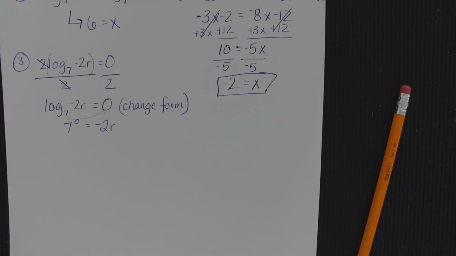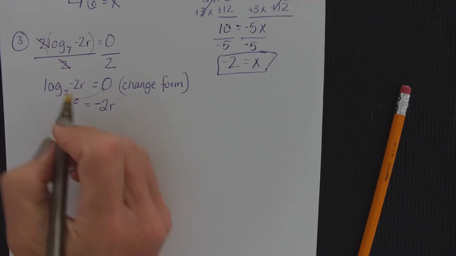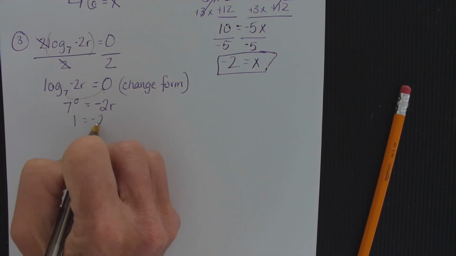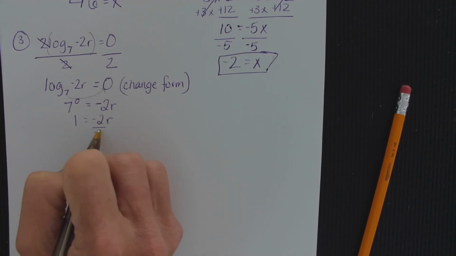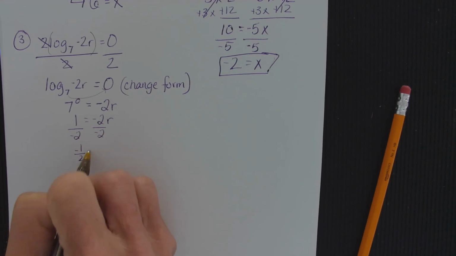As you write that, any number to the 0 power is what? 1. And then you divide by negative 2, and your answer is negative 1/2.